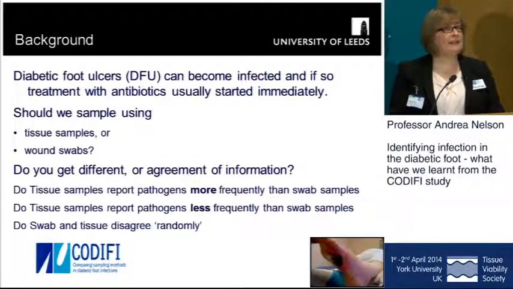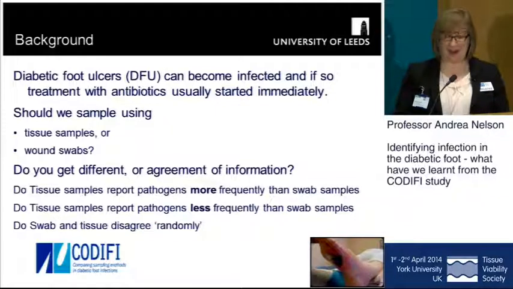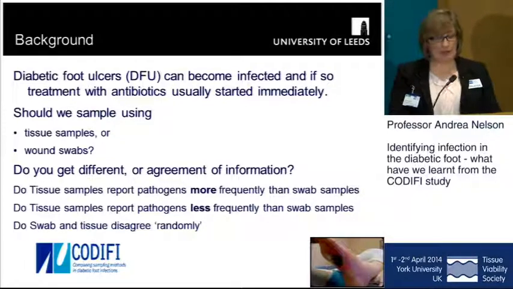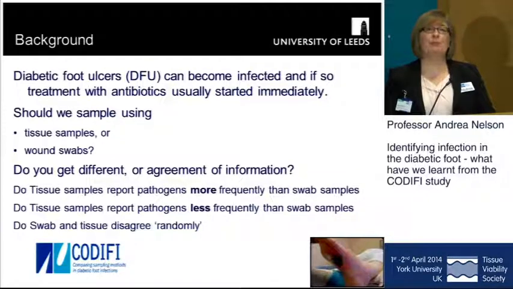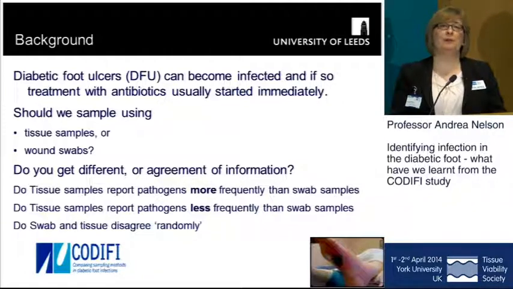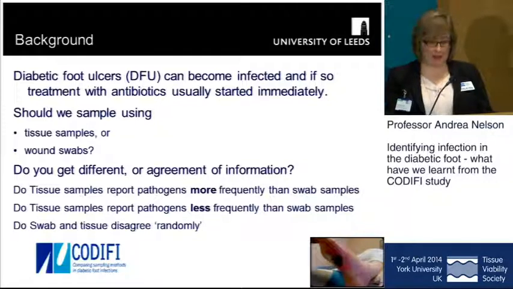When they detect infection and diagnose it clinically, I'm glad William and I are both singing from the same hymn sheet, then antibiotics are usually started immediately with samples taken in order to allow clinicians to later tailor, should it be necessary, the antibiotics to the up-to-date flora information from the microbiologist.